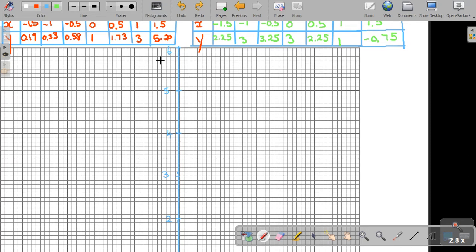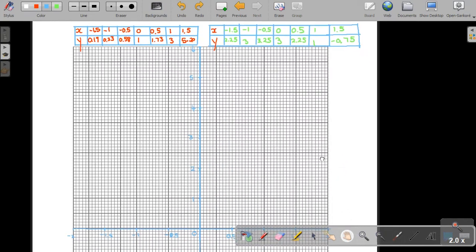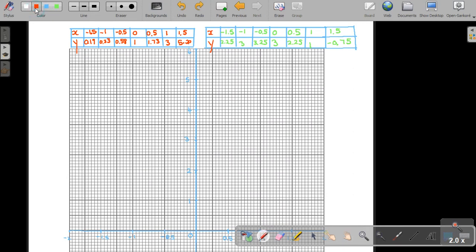Okay, and then where is that? Now, both of these graphs must be plotted. So let's make it smaller and start with that plotting. Let's start with the red one. This is the exponential one, and the equation of this one was y equals 3 to the power of x.